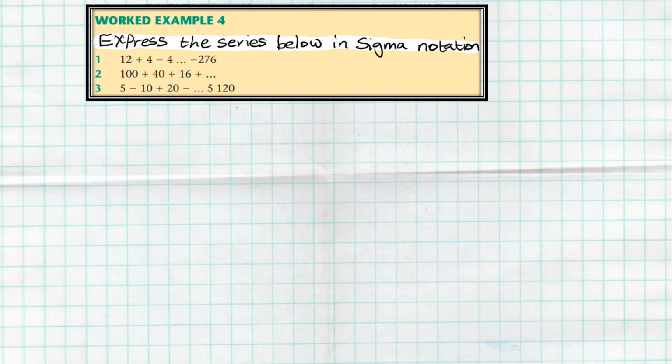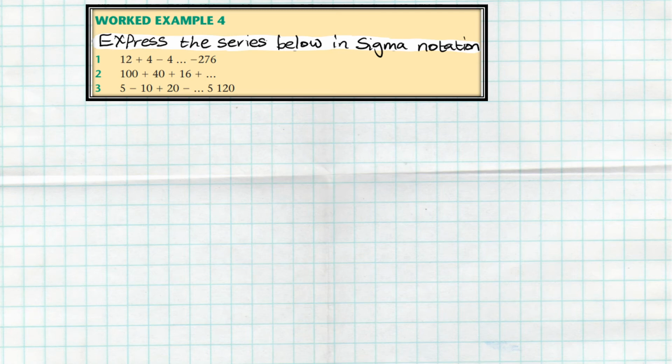Now they might give you a series and say express the following series in sigma notation, right? It's a question that there's absolutely a 95% chance of you getting in any past paper. They just give you a series, and they say express this series in terms of sigma notation.